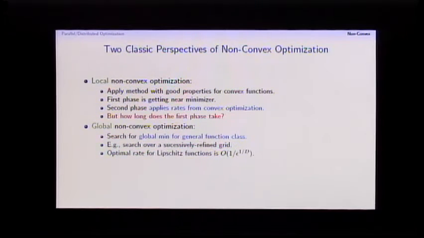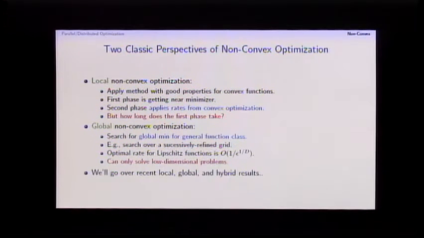The second perspective is the global non-convex optimization perspective: I'm going to actually search for the global min in some general function class. So we can do things like grid search or genetic algorithms or any number of things, simulated annealing and so on. And as I mentioned on day 3, I think, the optimal rate is 1 over epsilon to the d, not 1 over d.